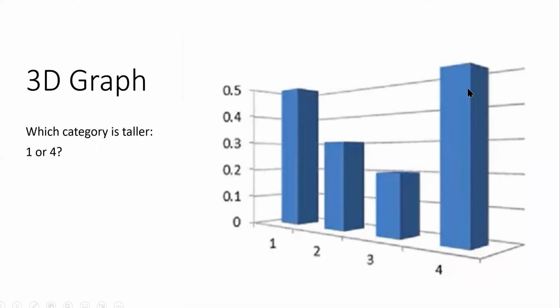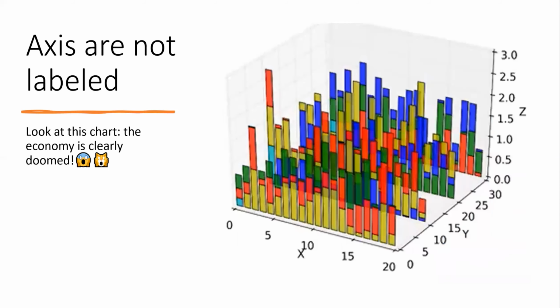Again, if you said number 4, you're wrong because they're both 0.5 units tall. So see how a 3D graph can be misleading, even though visually it's pleasing and it's very easy to do right now using computers, but they may be very misleading.